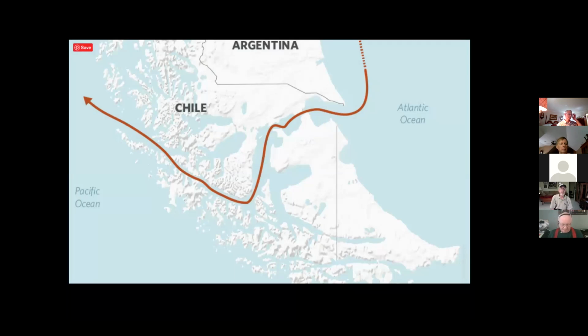So the idea is, what you do is you start at Punta Dungeness and you thread your way through to the Pacific Ocean. And a couple of things to remember. These countries, nowadays Chile and Argentina, were both Spanish possessions.